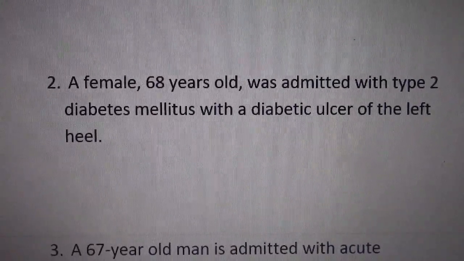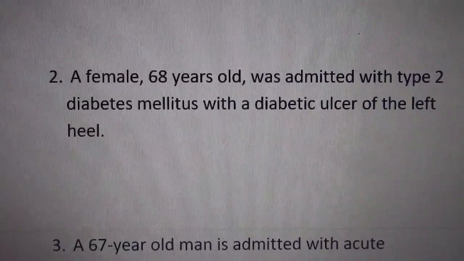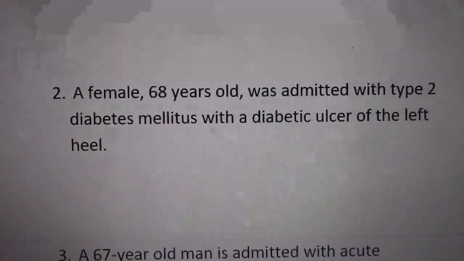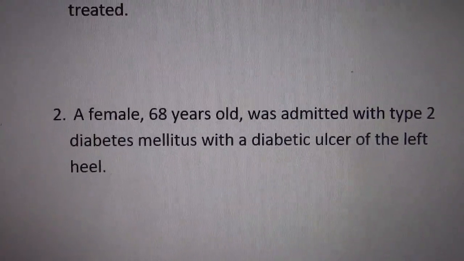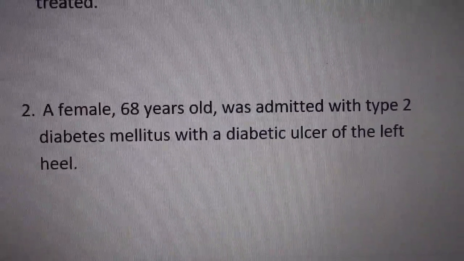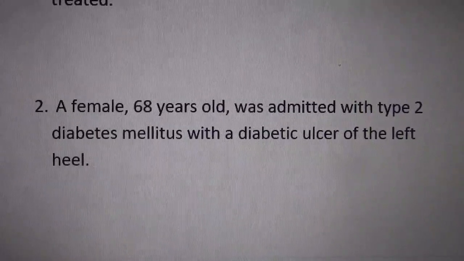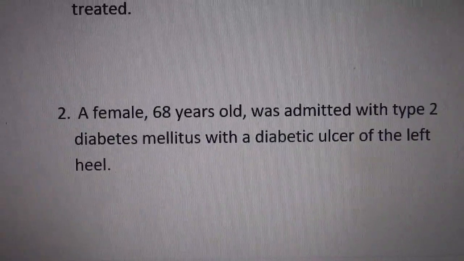Well, if you go to ulcer, and because your patient is diabetic, you always identify that, it will tell you to look up diabetes ulcer. So if I go to diabetes ulcer, and in this case, because of the heel, it leads me to foot, I get E11.621 because heel is considered foot.